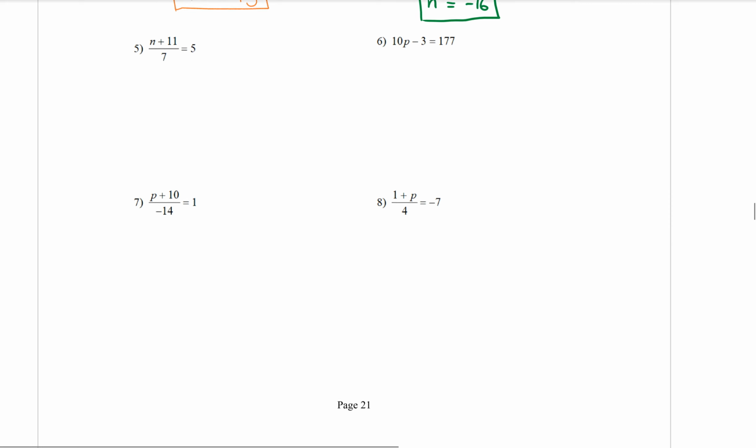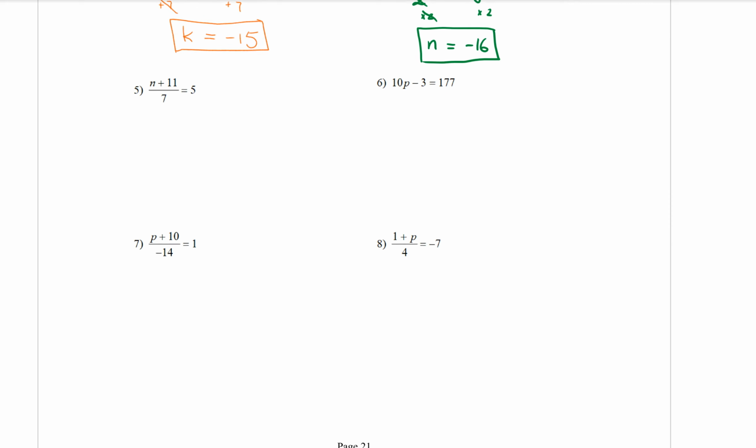All right, so let's try again. Question 5. Circle the n. That's what I'm trying to find. N plus 11 is the second step, the second layer, and then the over 7 is the outside layer. So going in reverse, first of all, I'm going to times by 7.